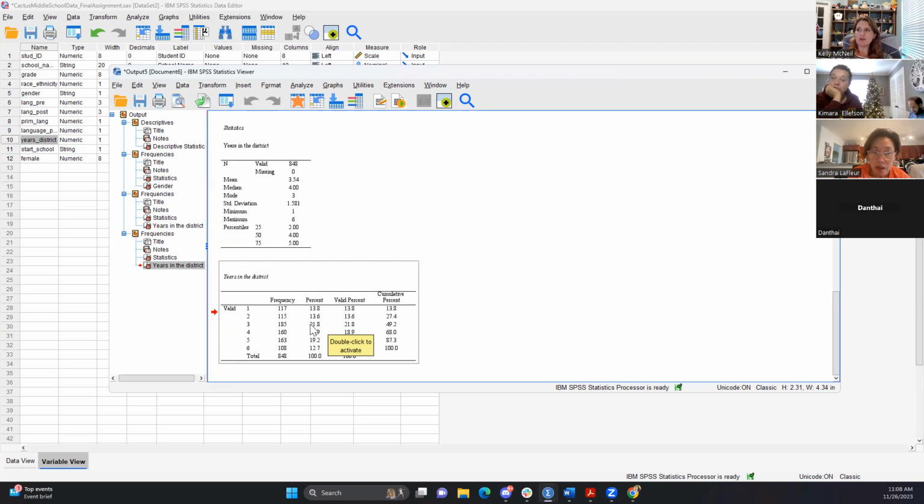Since that's where the median is, at 3, and the least of them are at 6, I'm curious what the comparison is between year 3 and year 6. How much are they losing in their test scores by leaving at 3 versus staying all the way until 6?